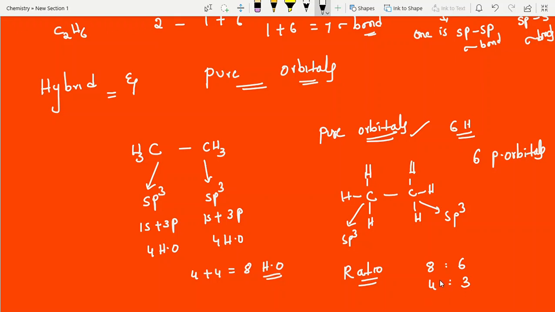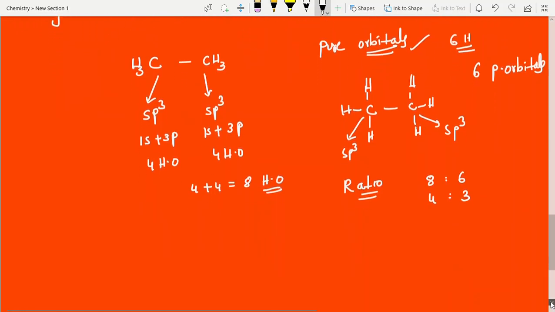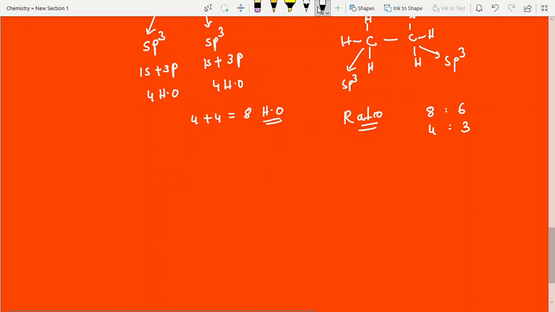Now, in hybrid orbitals calculation students do not make mistakes, but in pure orbitals students make mistakes. To avoid this, for pure orbital calculation also, I am giving one shortcut to you students. Look into this shortcut. Pure orbitals, how to calculate?